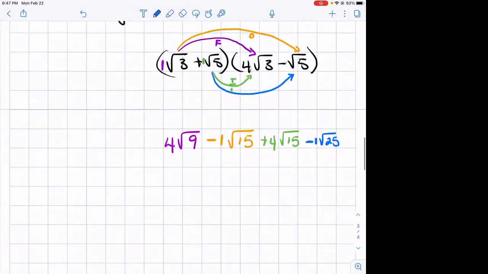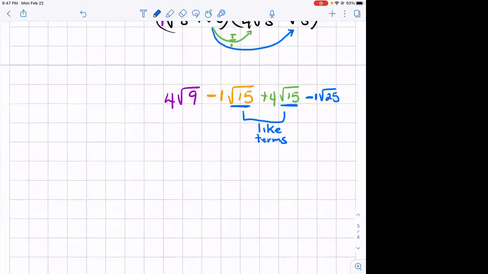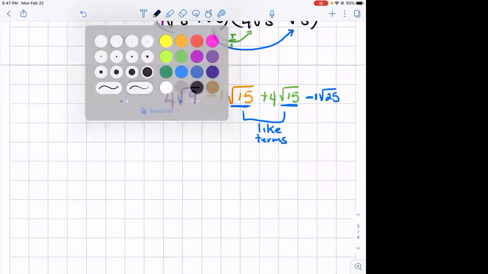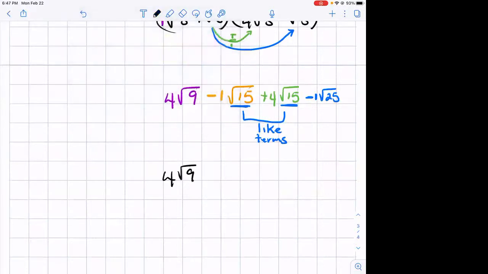Now I look to see if I can simplify and combine like terms. Notice that the radicand and the powers are the same, so these are like terms. So we have 4 root 9 plus 3 root 15 minus root of 25. There's no need to write that 1 there.